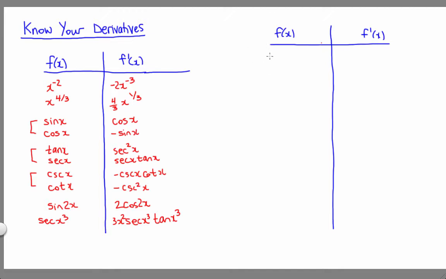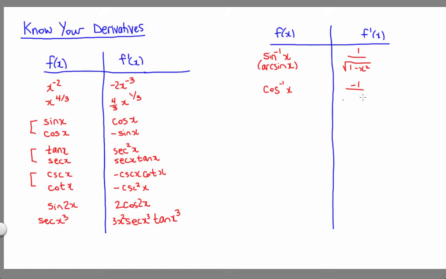Let's make another set of columns here, and we're going to start with the inverse trig functions. So let's say we run into arc sine x. I would point out you could write that either way. So arc sine x, the derivative is going to be 1 over the square root of 1 minus x squared. If we were working with arc cos instead, the derivative is very similar.